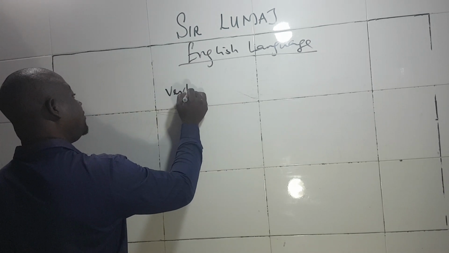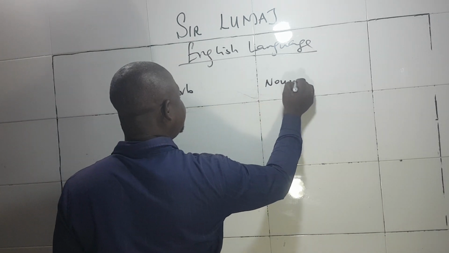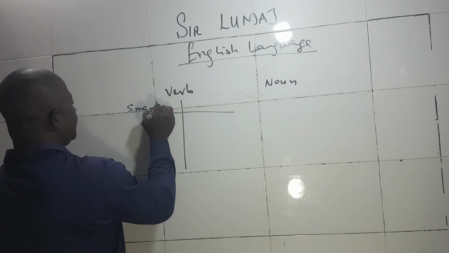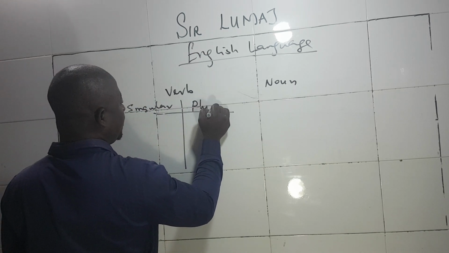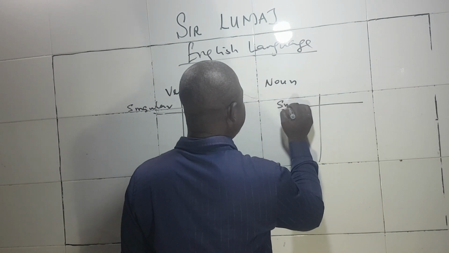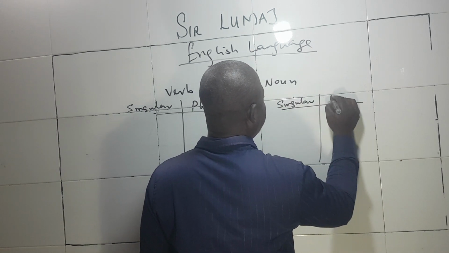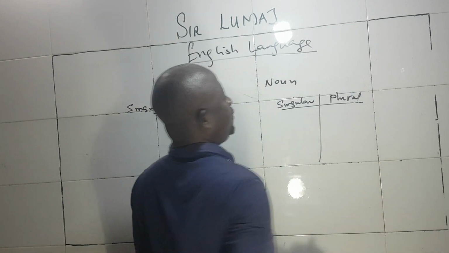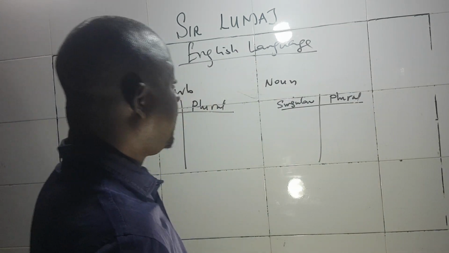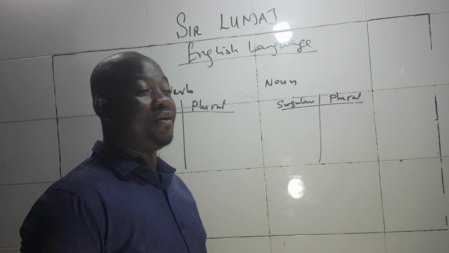This is verb, this is noun, singular, plural. Under noun, we have singular, plural. So that is how to catch those people that are rolling their tongues as if they are speaking oral English. They are speaking phonetics.